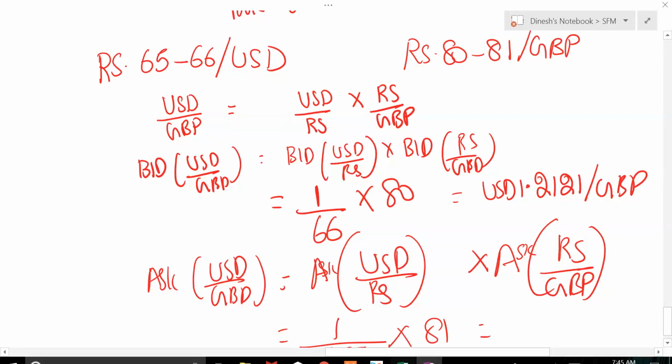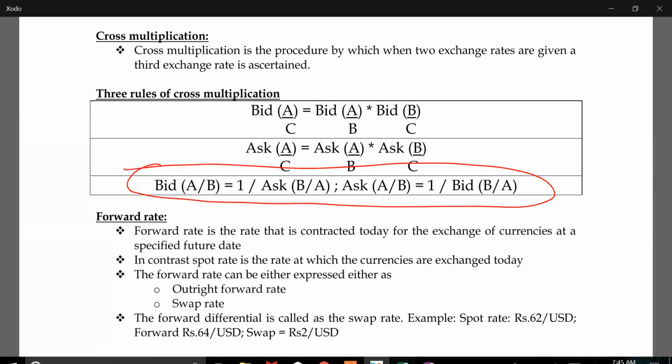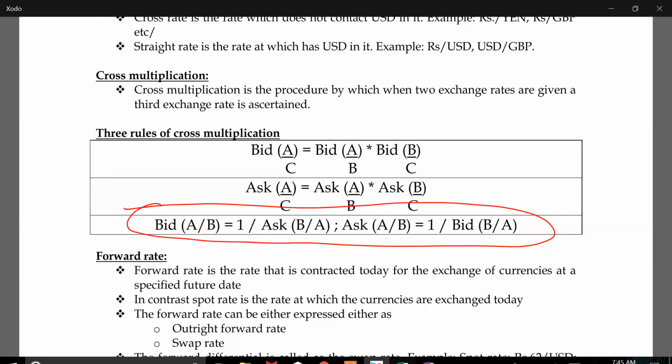Bid A by B is equal to 1 by ask B by A. Bid A by C is equal to A by B into B by C. You will keep doing this adjustment. Clear? Now, this is what is explained there: three rules of cross multiplication. Bid A by C is equal to bid A by B into bid B by C. I wouldn't want you to remember any formula. I'm making it very clear, there is no formula being given there. It's only pure logic.